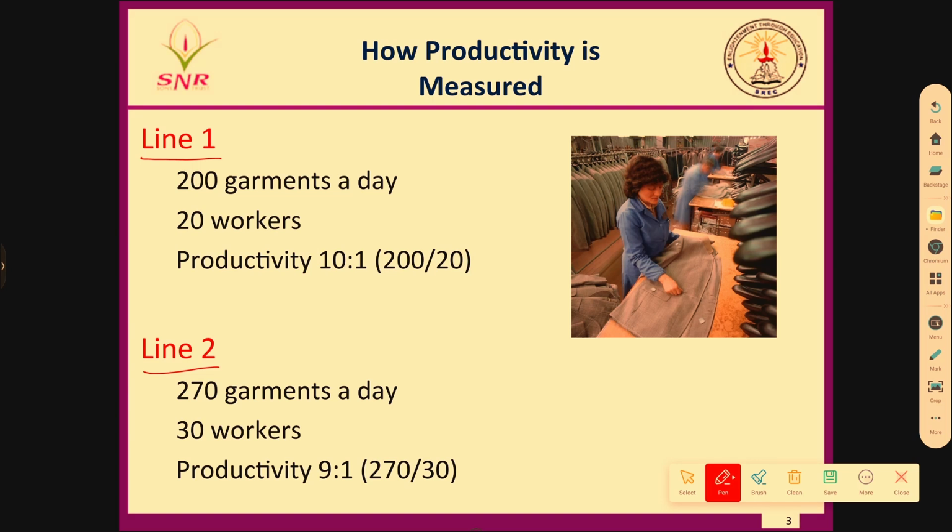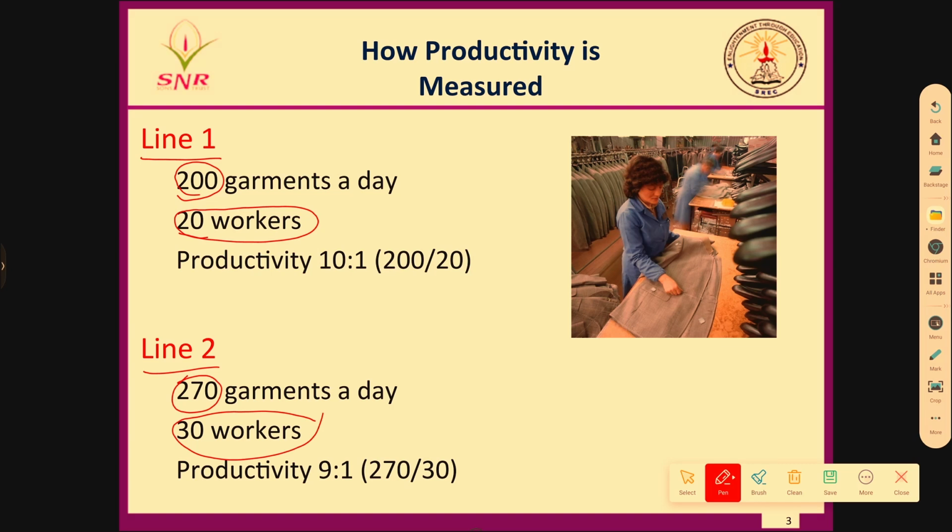In line 1, we have 200 garments being produced per day, and the input is 20 workers. Garment factory being a labor intensive industry, we take into consideration only the workers as the input. Other things are almost fixed. That is why we are not considering other factors, other than men, we are not considering the other 4 M's. Line 2, you have got 270 output per day, but the input is 30 workers.